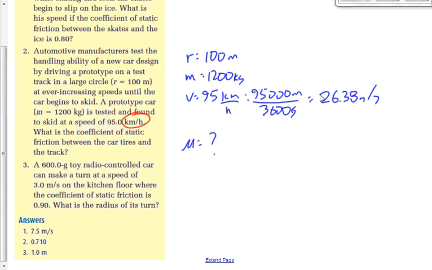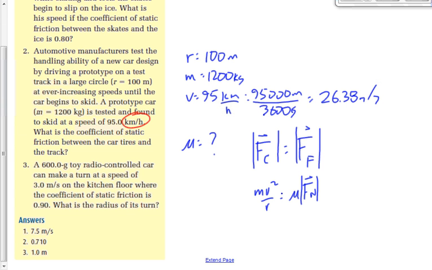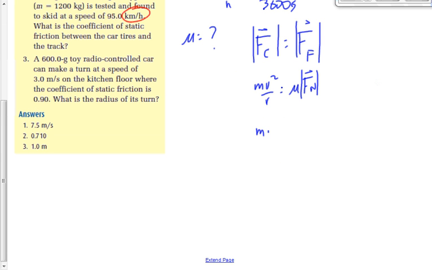Well, in this case, I think it's fairly clear that we're going to set the centripetal force equal to that force of friction. Fc is equal to Ff. Yeah, but the normal force here, mu times the normal force of friction, the normal force here, flat horizontal surface, is going to be m times g.